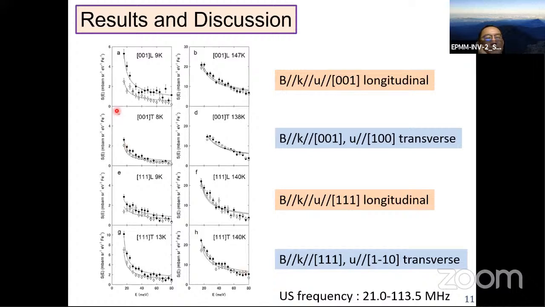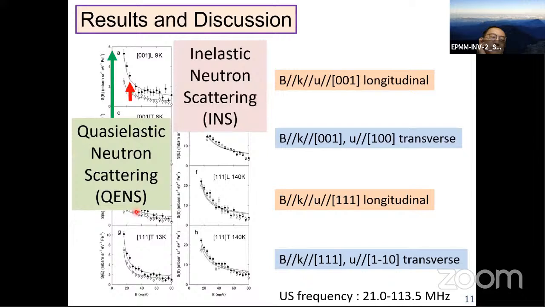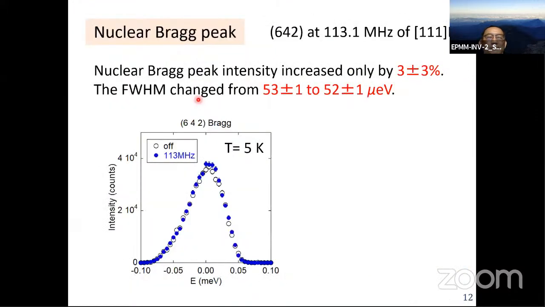At zero energy, we observe a quasi-elastic neutron scattering component, so-called QENS. At the same time, at a finite energy, we measure an inelastic neutron scattering component. Later, we will compare these scattering components. We also measured the nuclear Bragg peak of 642 under this ultrasound injection condition.